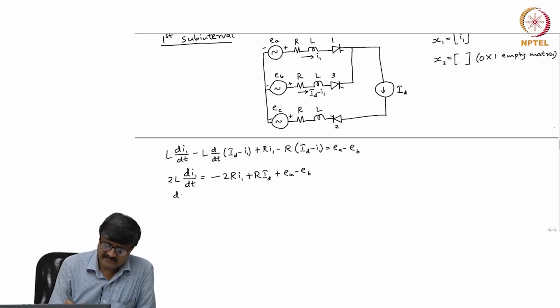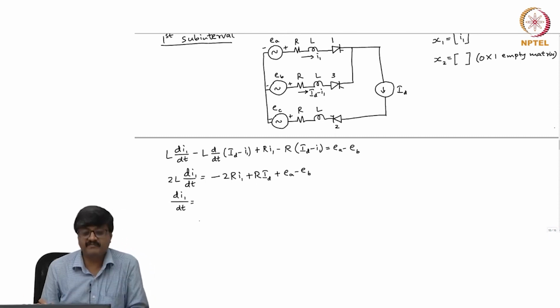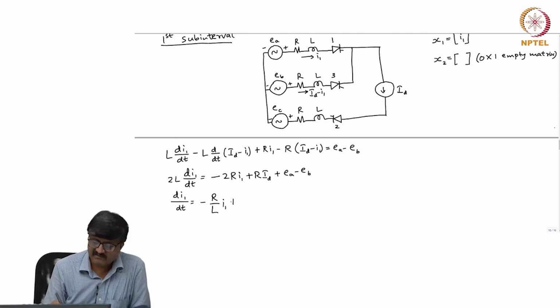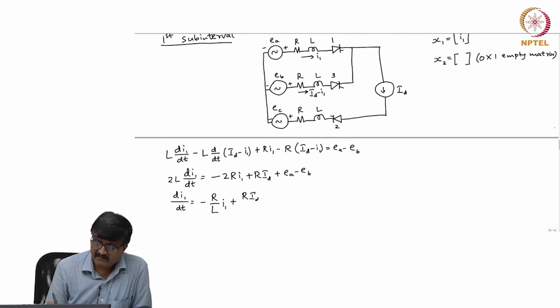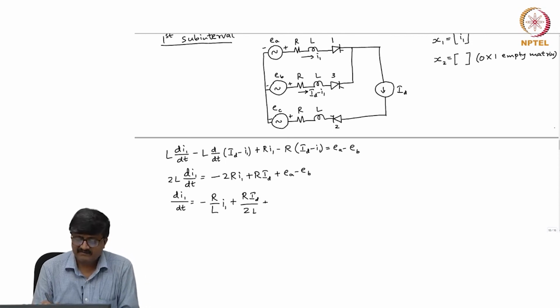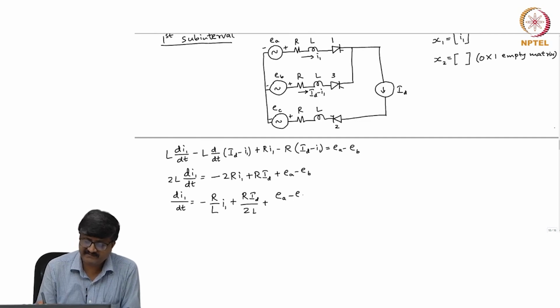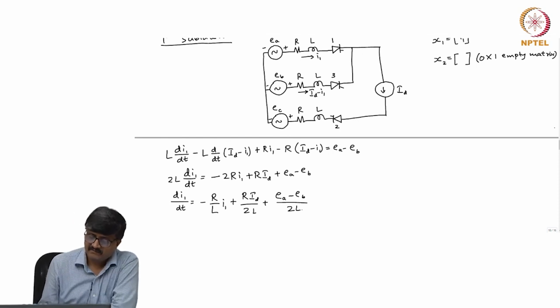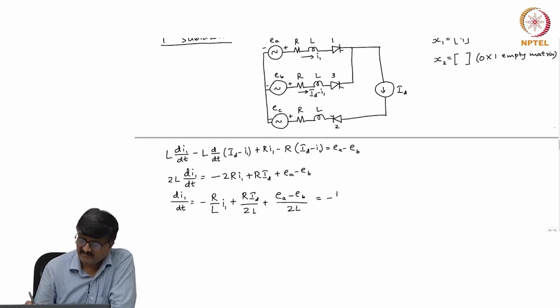So, in the standard form, I get dI1/dt is equal to, dividing the entire equation by 2L, minus R by L I1 plus R Id by 2L plus (EA minus EB) by 2L.